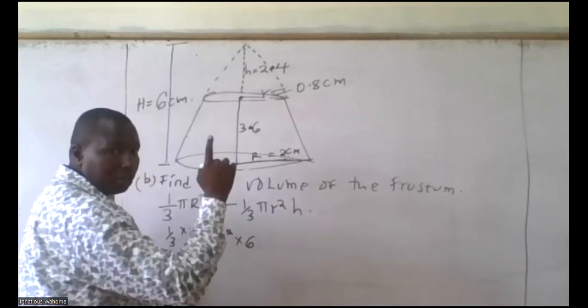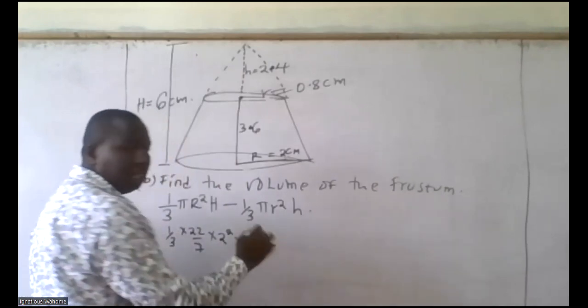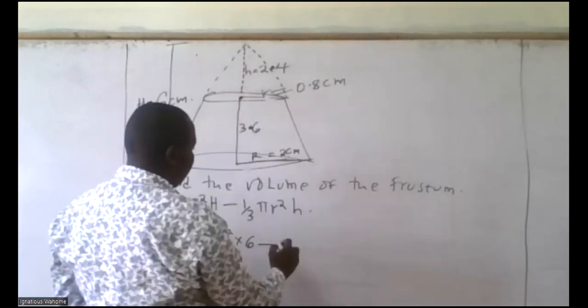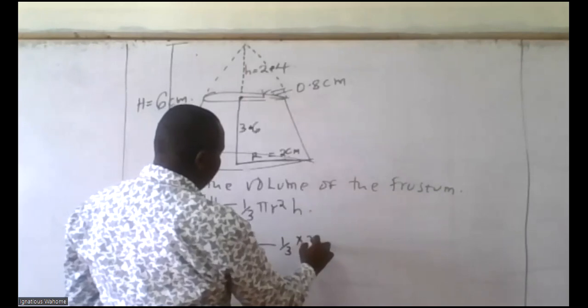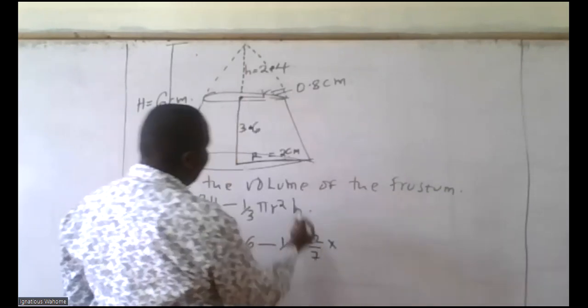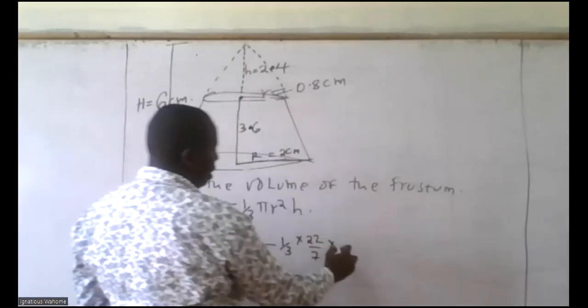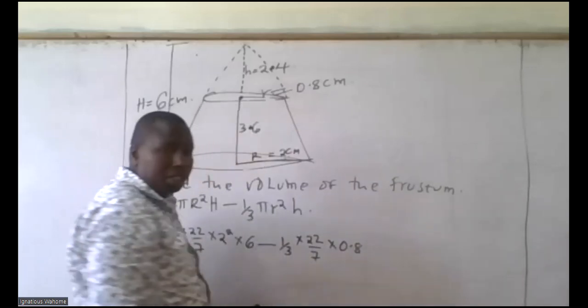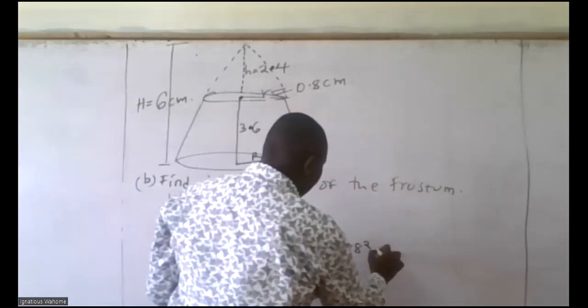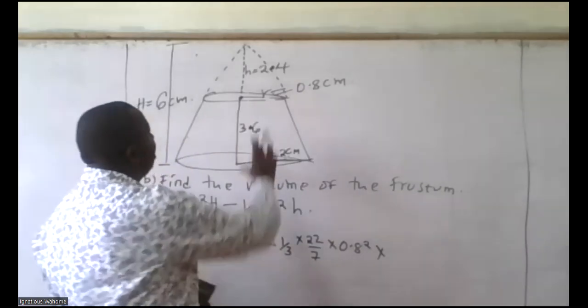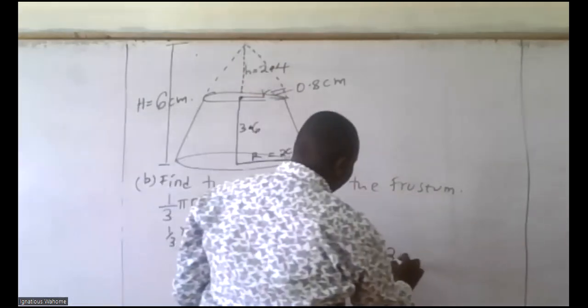That's the volume of the original cone minus the volume of the cone that has been cut off. So that times 22/7. The radius of the smaller one is 0.8, so we say 0.8 squared, and its height is 2.4.